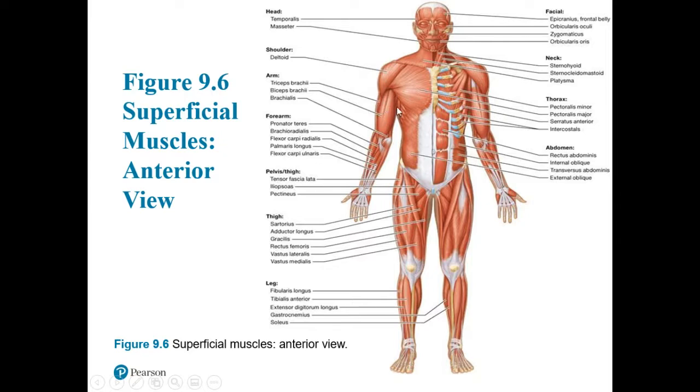It's got 3 heads, and you can feel the 3 heads as you pronate your forearms. If you pronate forcefully and then touch your triceps, you should be able to feel at least 2 of the heads, depending on how strong you are.